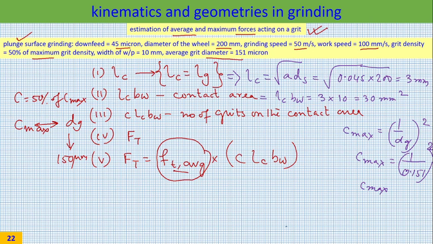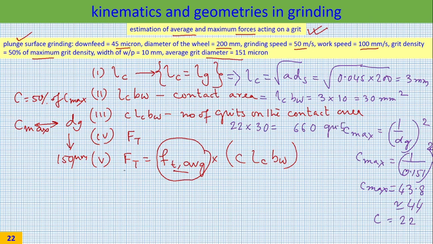No, this is coming out to be 43.8. So 44. So C I'll take it as 22. Now the number of grids becomes 22 into 30. So hopefully it is 660 number of grids.